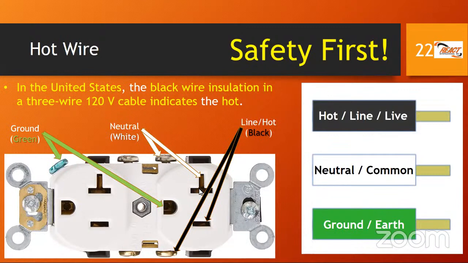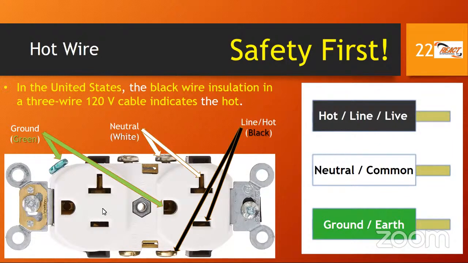That's the neutral. And then we have this D-shaped connection here. It's called the ground. The green wire will go onto this terminal screw here, but it's also connected to this D-shaped port, and that's the ground. So when we put our plug in, that's the supply we have here.